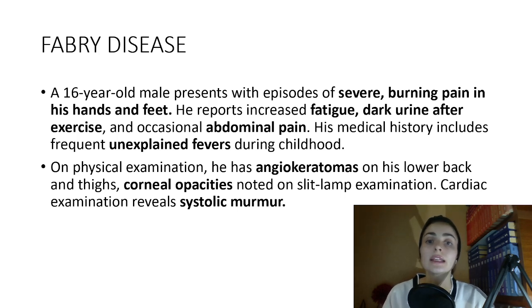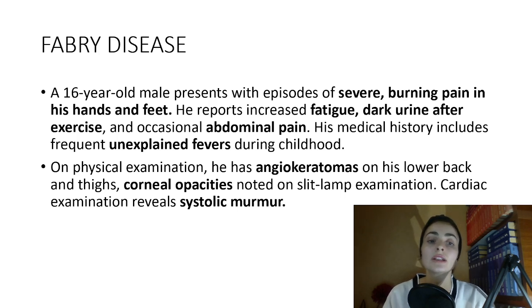He reports increased fatigue, dark urine after exercise, and occasional abdominal pain. His medical history includes frequent unexplained fevers during childhood. On physical exam, he has angiokeratomas on his lower back and thighs, and corneal opacities noted on slit lamp examination, which is an eye examination by an eye doctor, an ophthalmologist.